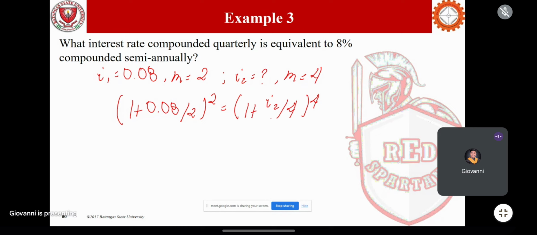So you just have to equate it to each other para makuha natin yung i2, i sub 2. Di ba ang sabi natin, when we divide interest by m, we have to raise it to our m as well. Same applies here, when we divide i by m, kailangan natin siyang i-raise sa kanyang m.